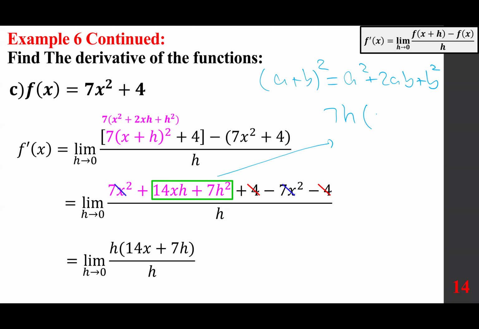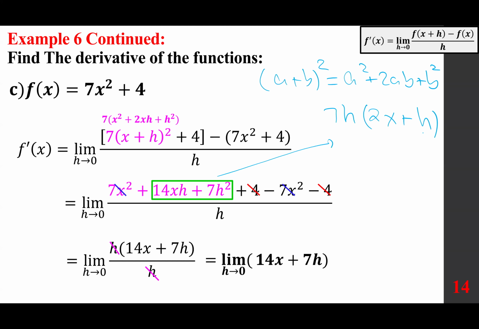Okay. We are not going to do that. But I don't want to do that because I just want to get rid of the h.